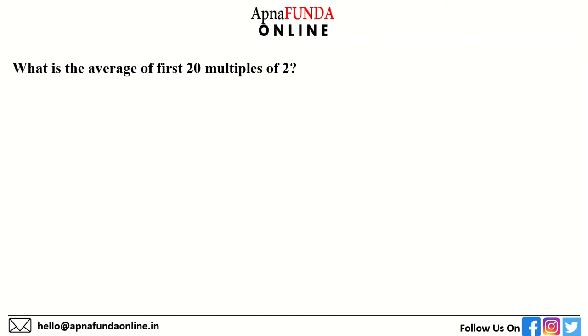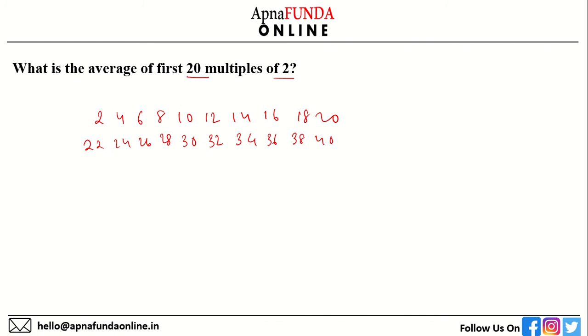The first 20 multiples of 2 are 2, 4, 6, 8, 10, 12, 14, 16, 18, 20, 22, 24, 26, 28, 30, 32, 34, 36, 38, and 40. These are the first 20 multiples of 2.